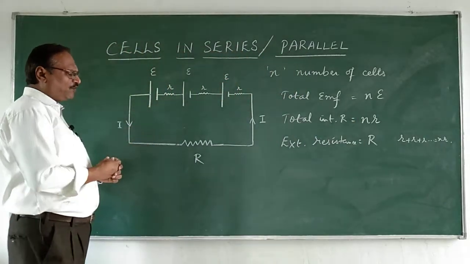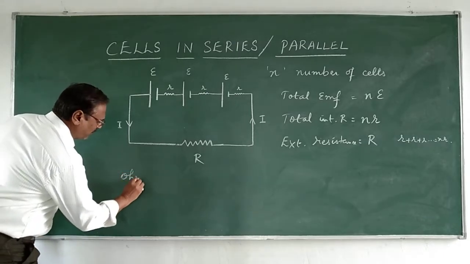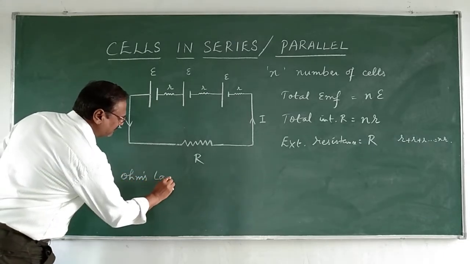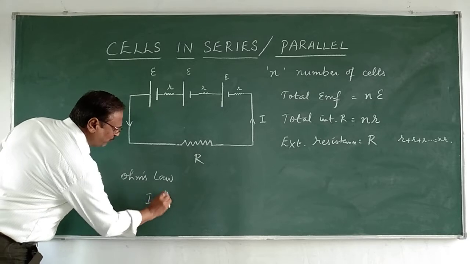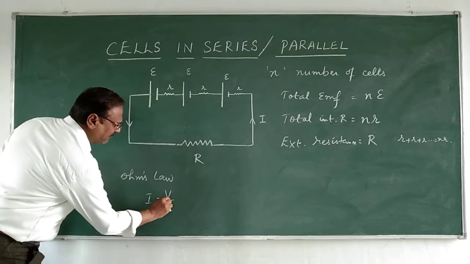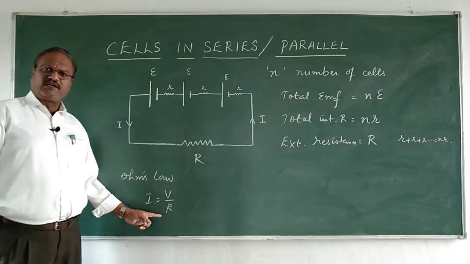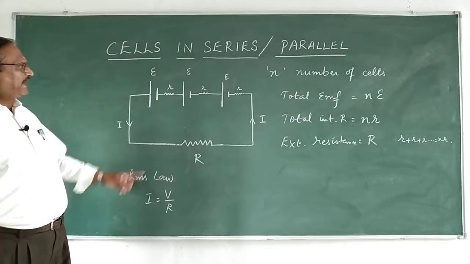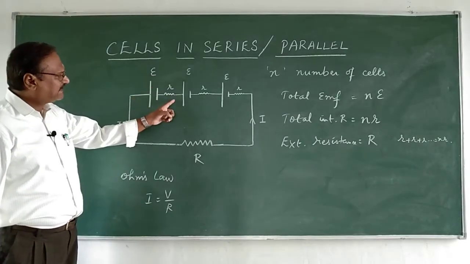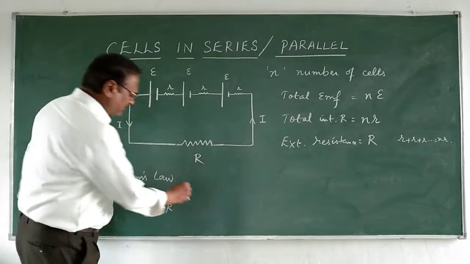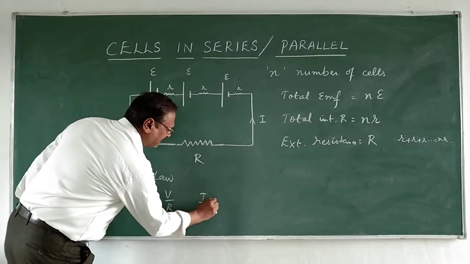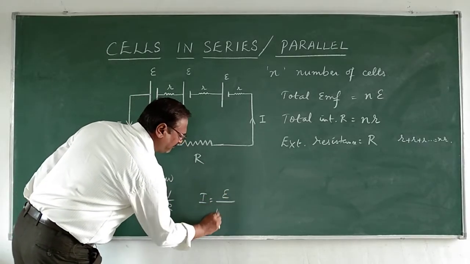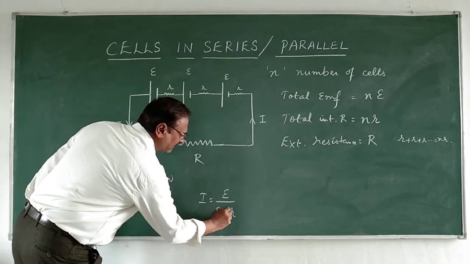Now, what does Ohm's law say? Ohm's law says that I is equal to V upon R, that is potential difference upon the external resistance. But when I talk about the internal resistance and EMF, the same law will become I is equal to epsilon divided by R plus r.